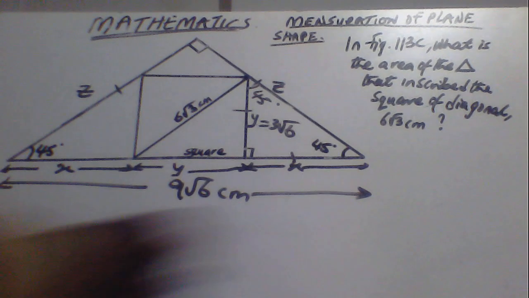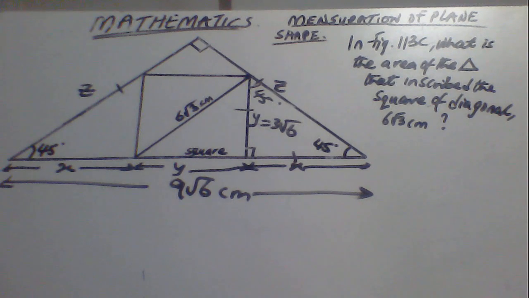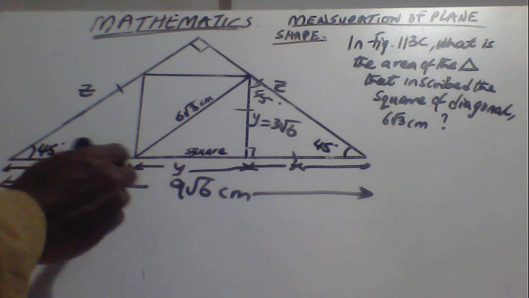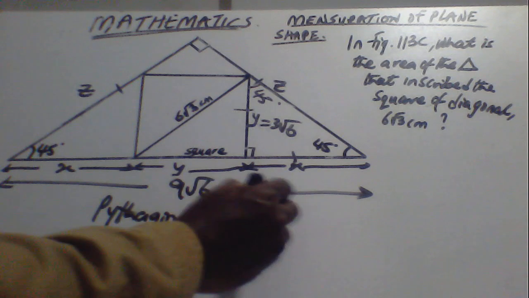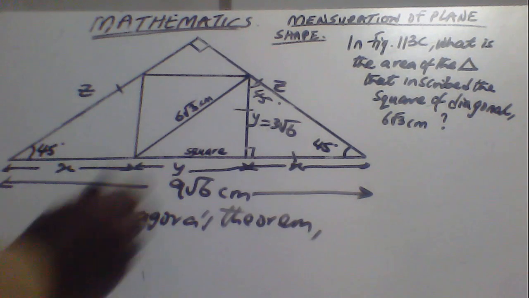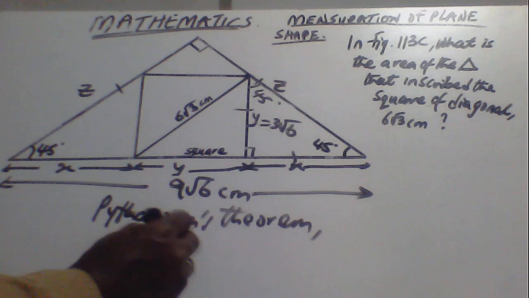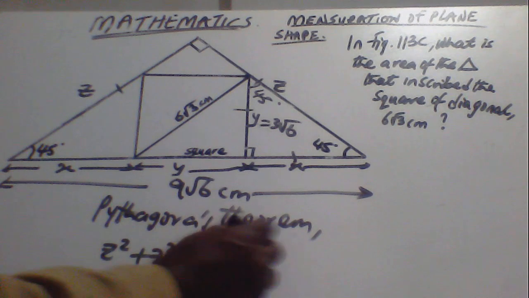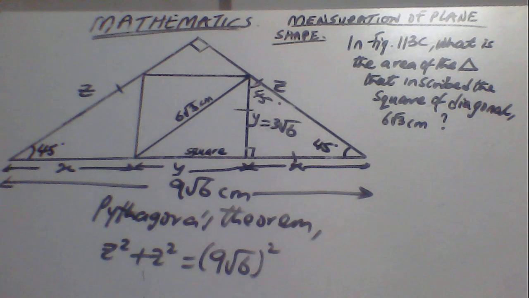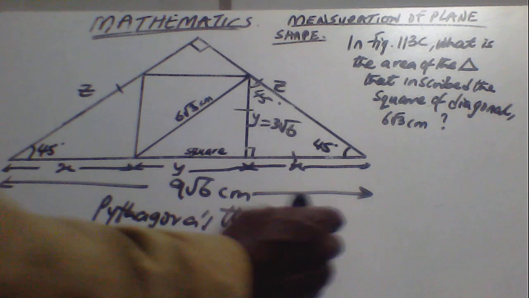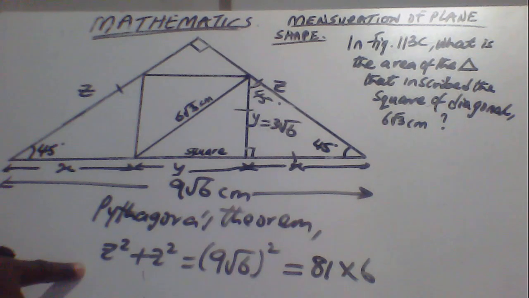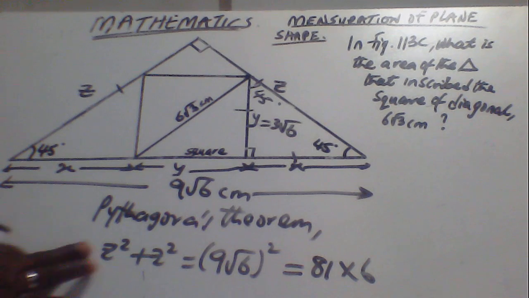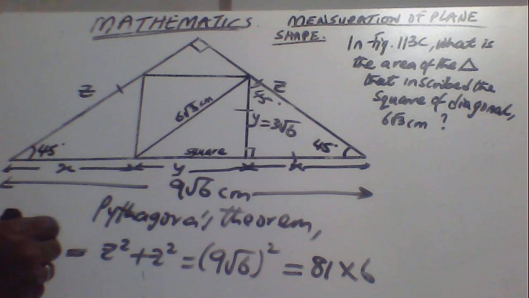The next thing you have to do is, I have assigned this opposite side of the triangle to be equal to z. You have to apply Pythagoras theorem as well. In this case, you have z squared plus z squared is equal to 9 root 6 squared. So in this case, you have 81 times 6. And from here, z squared plus z squared is the same as 2z squared.